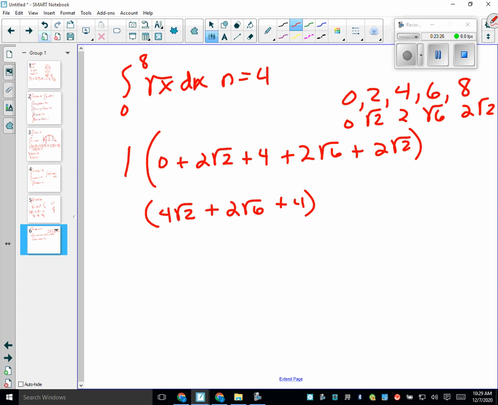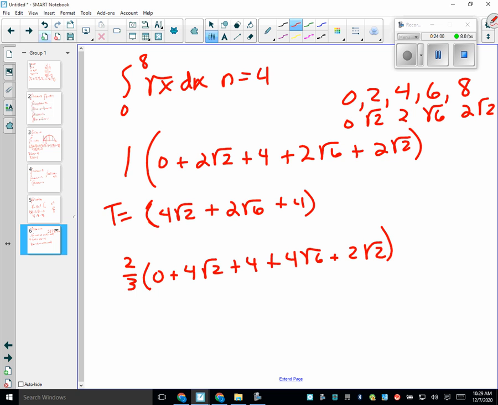Now, isn't this one 2/3? Oops. Yes. This is a trapezoid. 2/3, and what is it? Now wait a minute, isn't it 0 plus 4 radical 2 plus 4 radical 6 and then plus 2 radical 2?